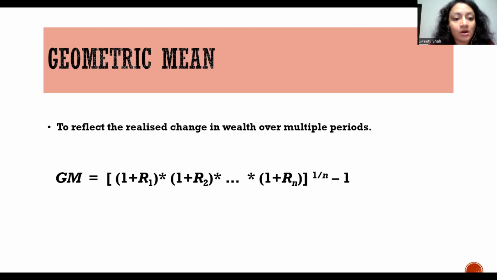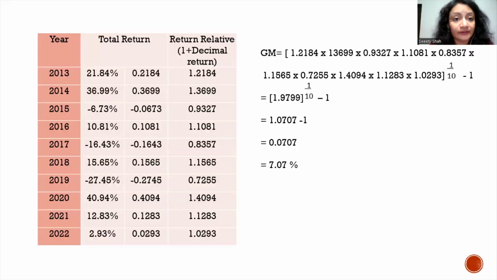Now we are going to see an example, and we are continuing with the same example, where we have already calculated the total returns in the earlier discussion. Now, as I mentioned, here instead of absolute return, you need to convert your returns into return relative. So how to convert that?